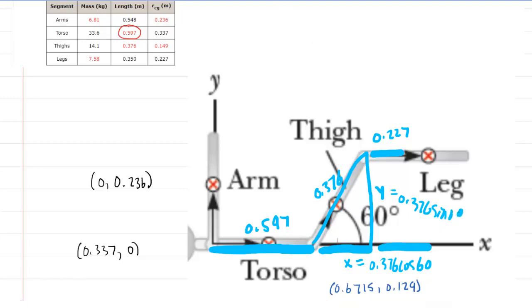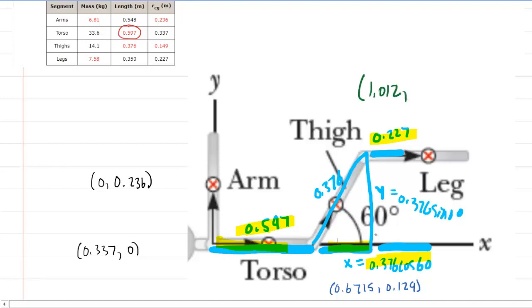Now again, to get the x-coordinate, you're going to add this distance plus this distance right here. Those represent those three blue segments right there. So 0.597 plus 0.376 cosine of 60 plus 0.227 gives us 1.012. The y-coordinate is easier for the leg.